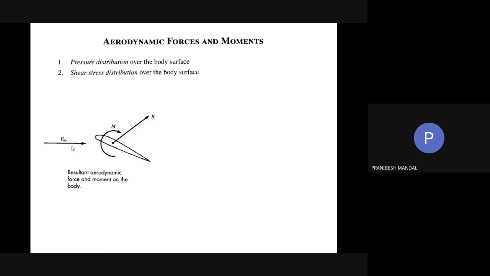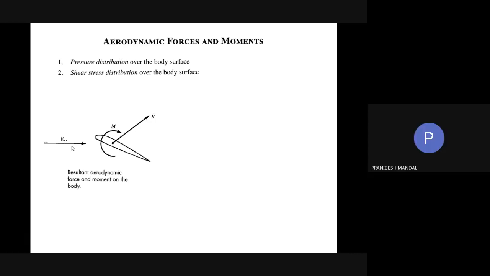The total shear stress distribution and the total pressure distribution over the total surface of this aerofoil will obviously have a resultant force and a resultant moment, isn't it? Yes, sir. It is very clear.